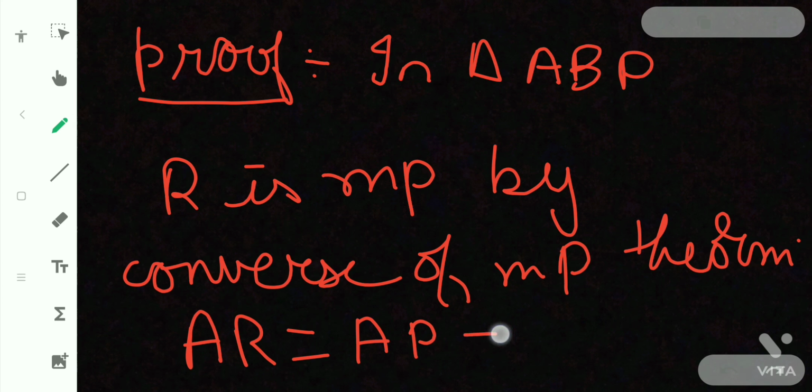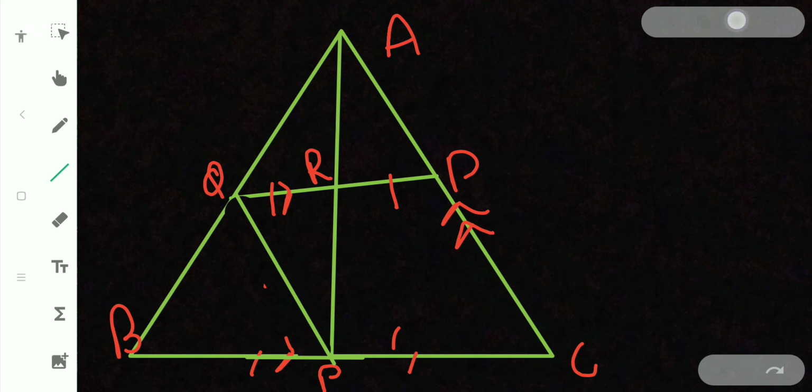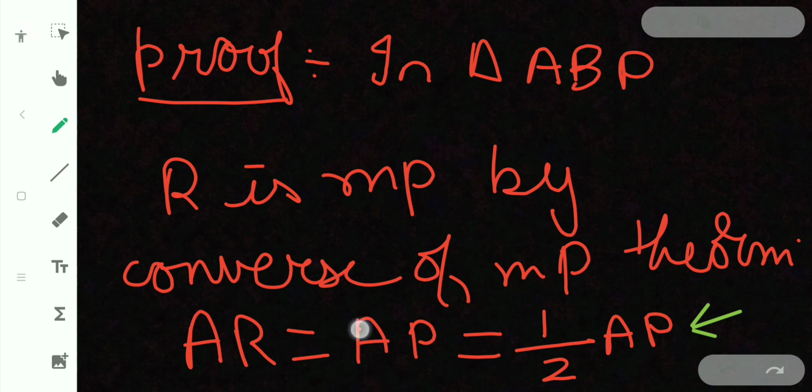Those two are midpoints, they are halves, so it will be equal to half of AP. There are half parts in the AP, so they will be equal to half of AP. So from this equation, AR is equal to RP is equal to half of AP.